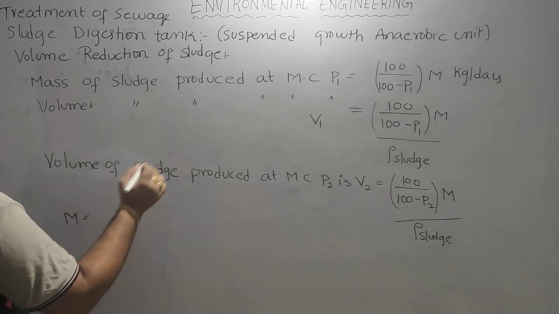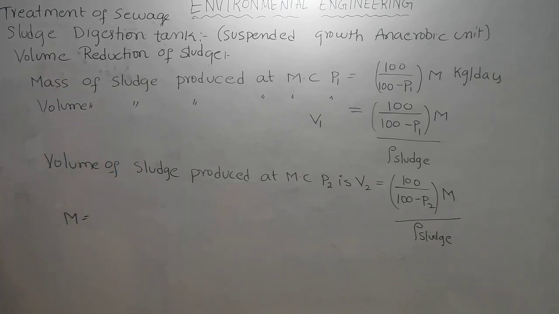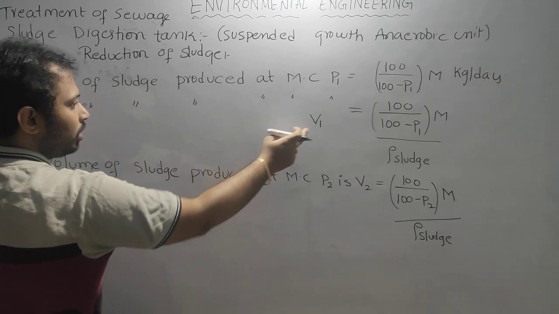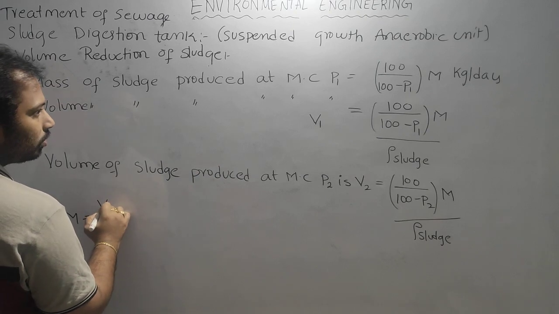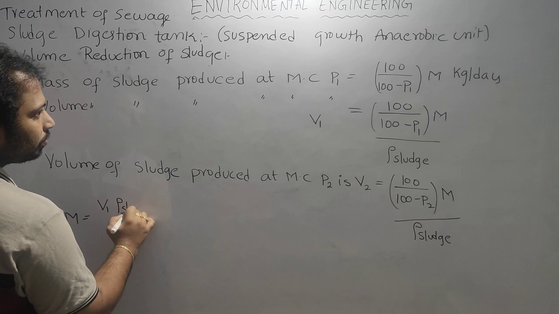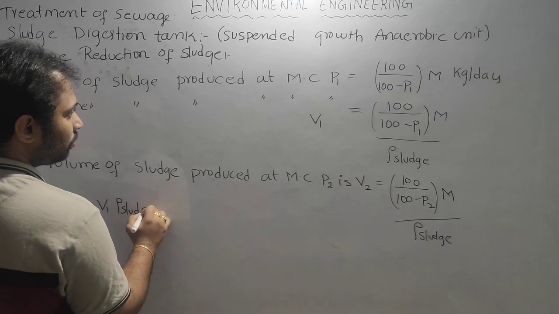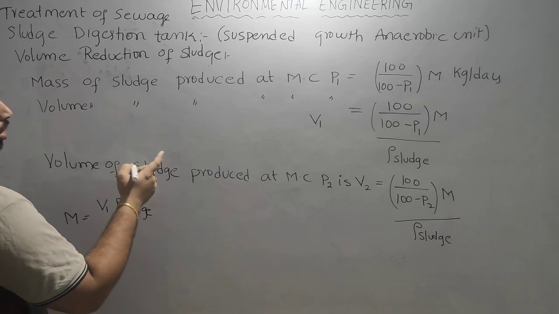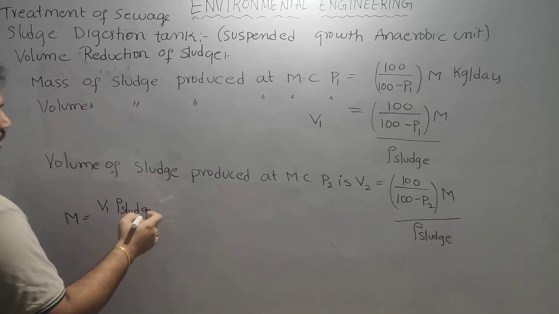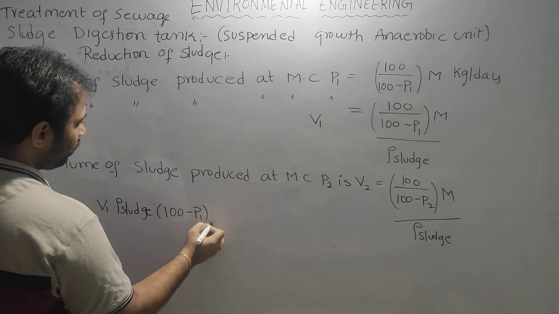So m is equal to V1 into rho of sludge into (100 minus P1) by 100.